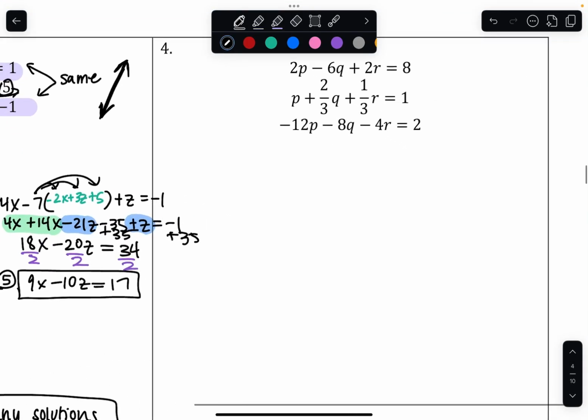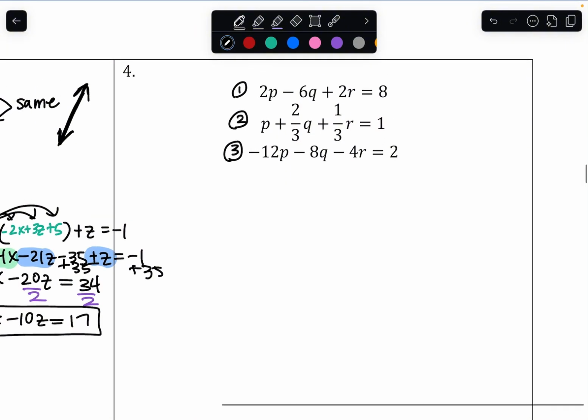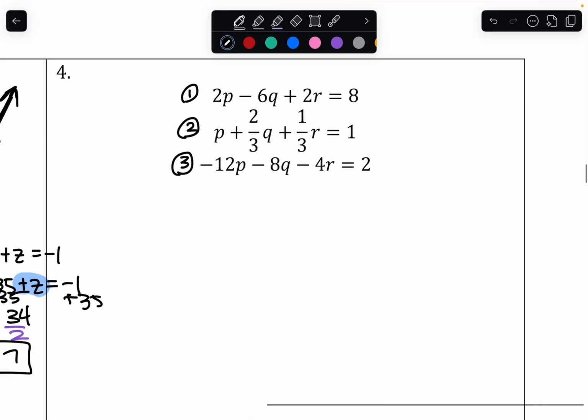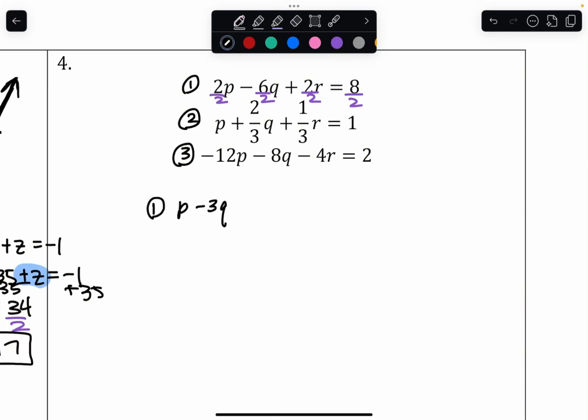Okay, and so looking at number 4, this will be the last one we do. We've got 3 equations, and they're looking kind of ugly. And so a tip is simplify your equations by scaling them if you can. And so this top equation, I can divide all these numbers by 2. And that would give me P minus 3Q plus R equals 4. For the second equation, I have this denominator of 3.